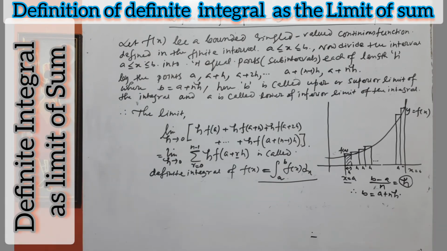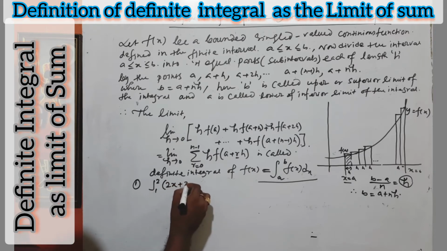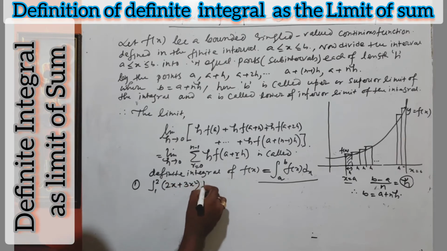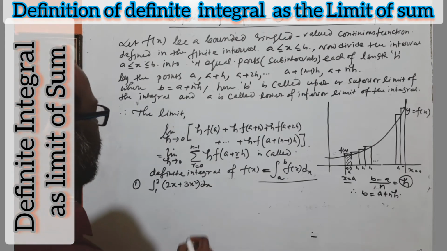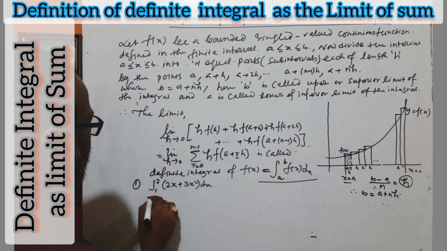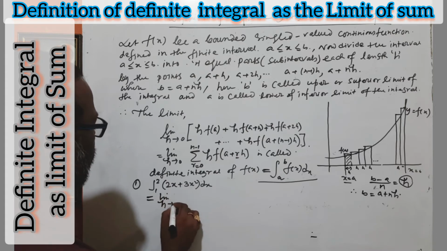Now we have to find, with the help of the method of sums, for this problem, the integral from 1 to 2 of 2x plus 3x squared dx, from the definition as a limit of a sum. For that, this is equal to, the formula is here, limit h tends to 0.